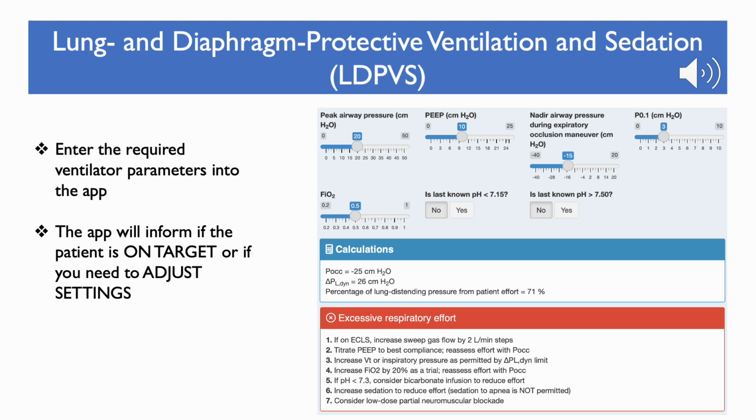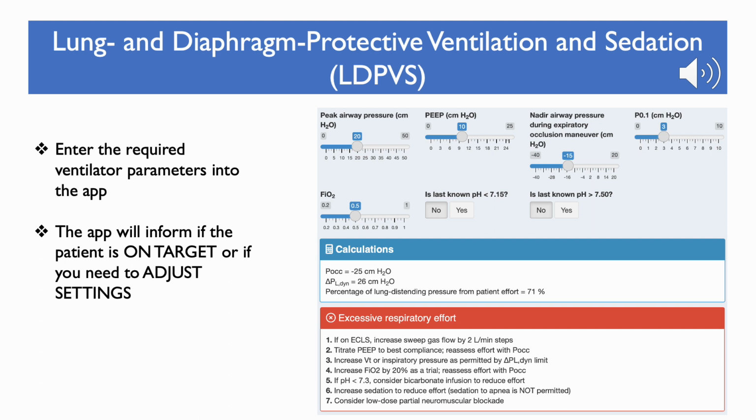If the patient is on ECLS, sweep gas flow can be increased to see if this reduces drive and effort. Otherwise, adjustments to PEEP and ventilator support can be attempted. Sometimes, increasing the FiO2 to reduce hypoxemia can reduce drive and effort. If the patient has an acidosis, bicarbonate infusion may reduce effort.